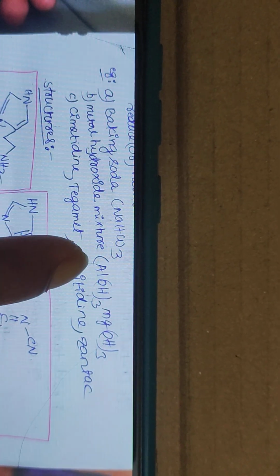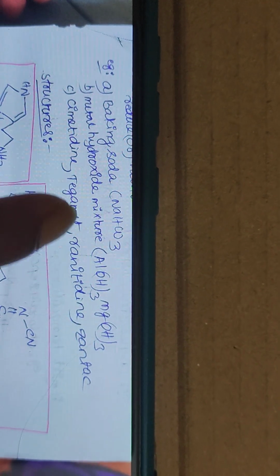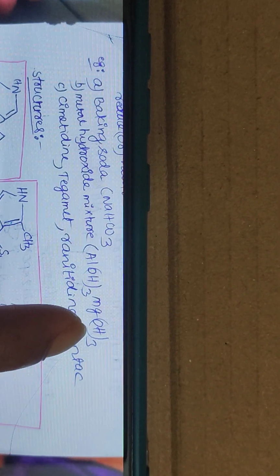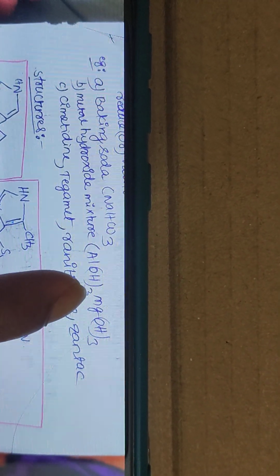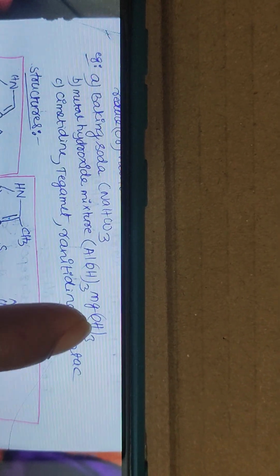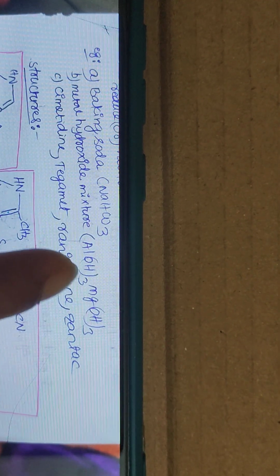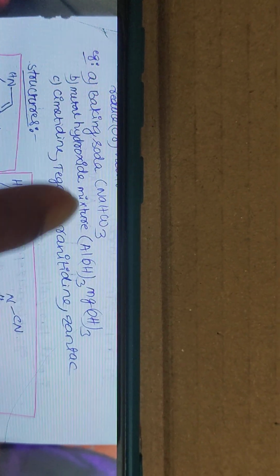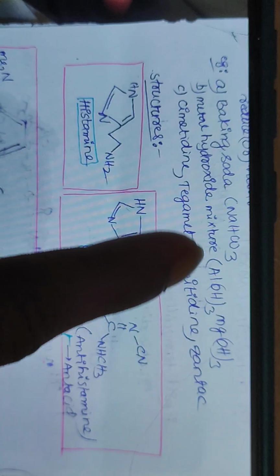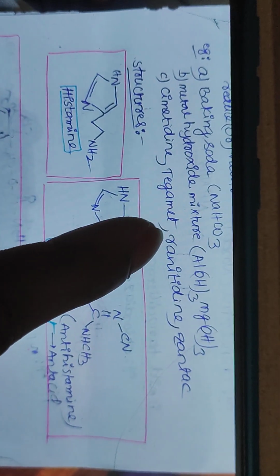Next one, metal hydroxide mixture, for example Al(OH)3 and Mg(OH)2. So these two metal hydroxides are a mixture, which is also useful as an antacid, like baking soda.